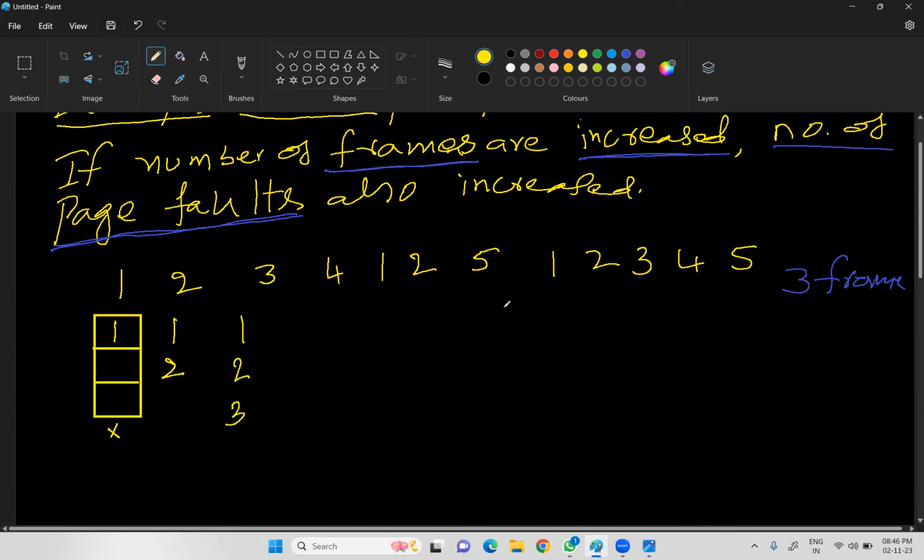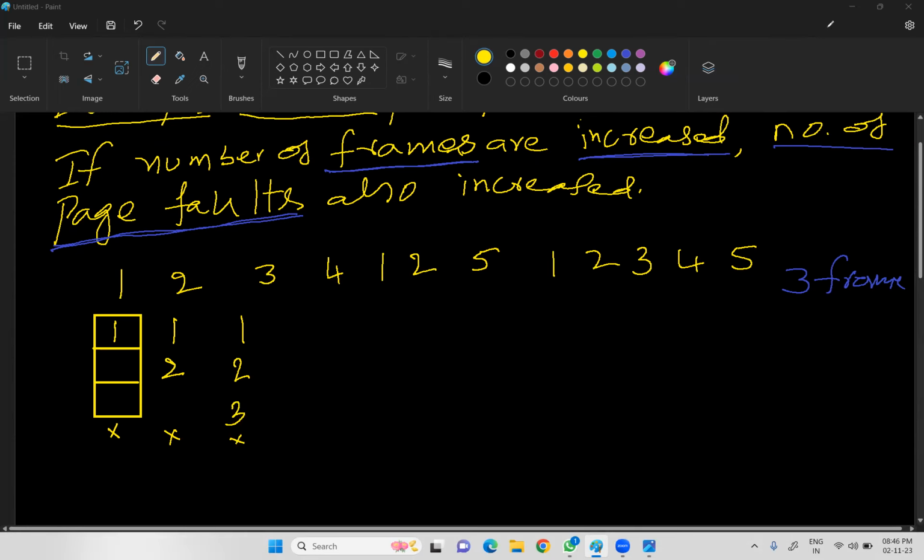These three faults are obvious for every page replacement algorithm because initially everything is free. So as many frames as you have, that many page faults will occur.